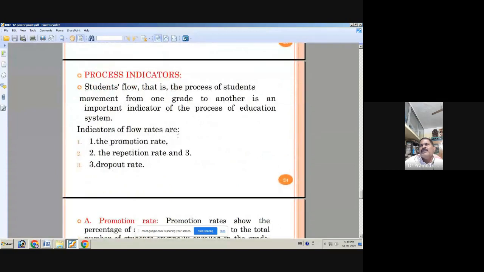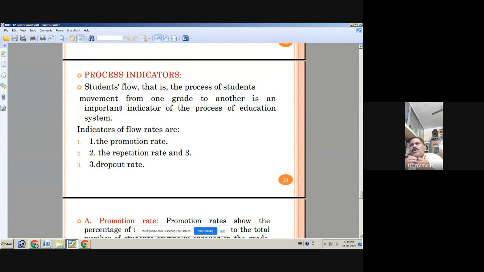Another is process indicators. If we say that communication is a process, then automatically there will be process indicators. That is the promotion rate, the repetition rate, and the dropout rate. These three important factors are there.